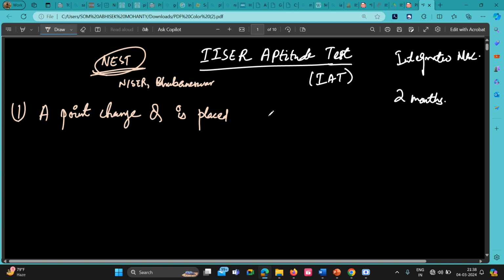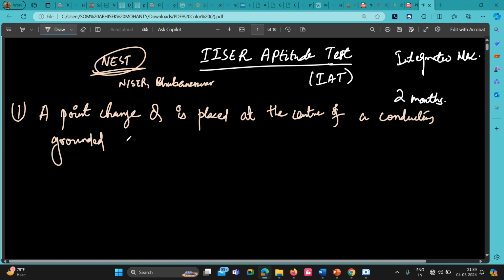A point charge Q is placed at the center of a conducting grounded cubic cell of side a.